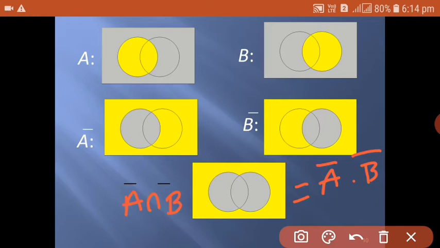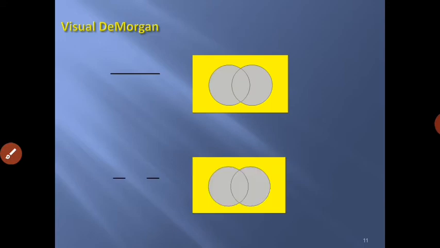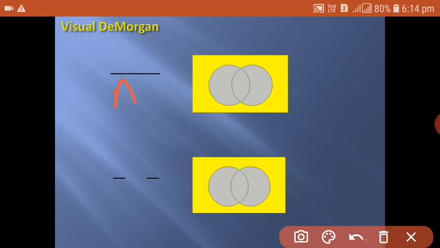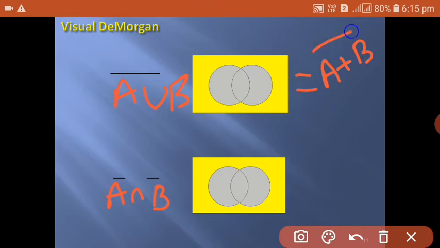So if you observe the Venn diagrams of LHS and RHS, they look like this. This is nothing but A union B whole bar, and this is nothing but A bar intersection B bar. So A union B whole bar is equal to A plus B whole bar, and which is equal to A bar into B bar.